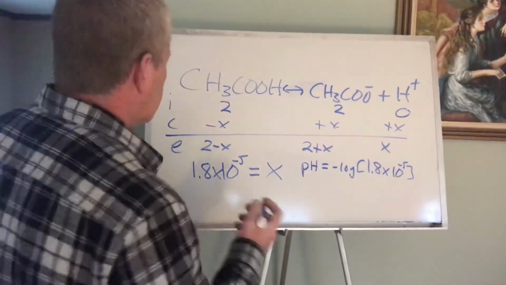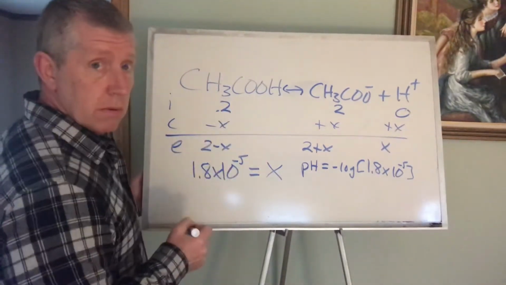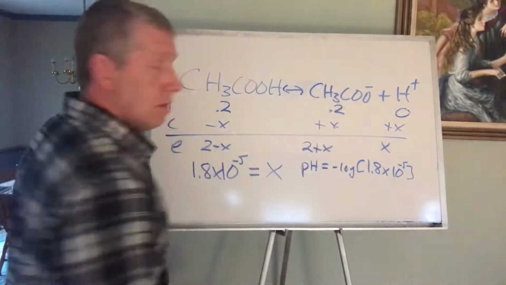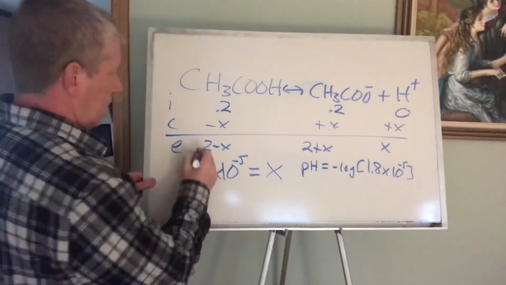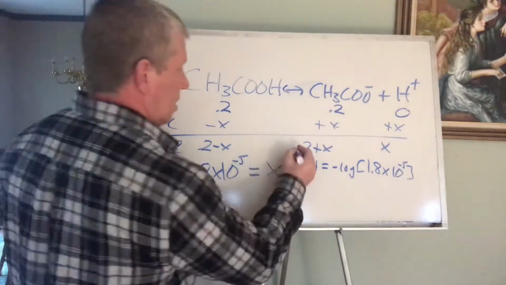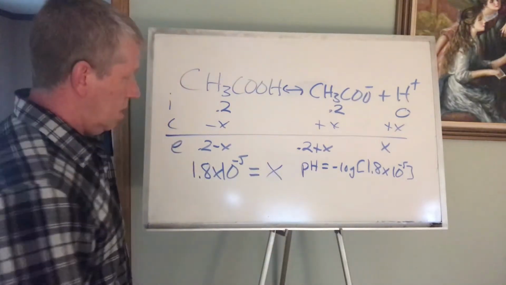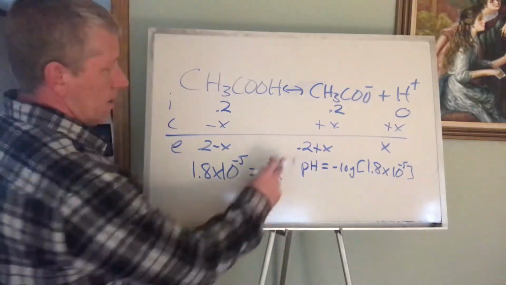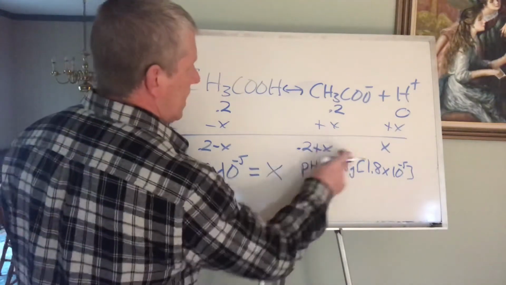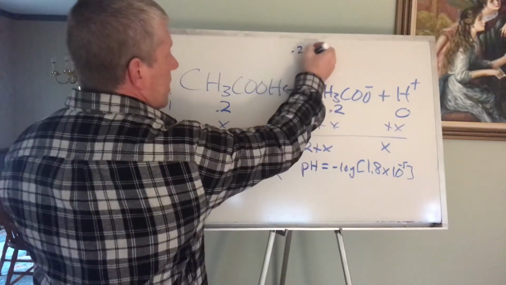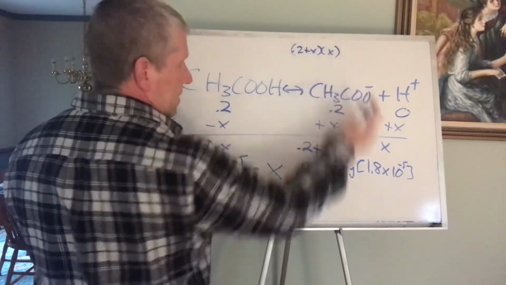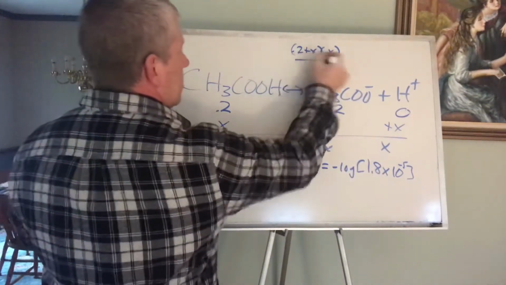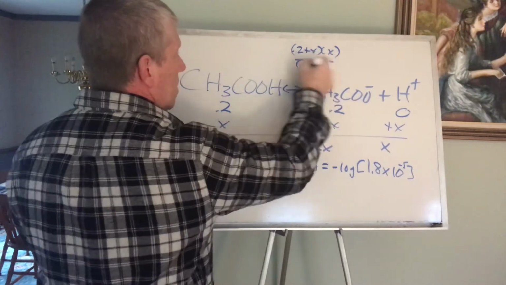Here's why. 0.2, 0.2, 0.2, 0.2. And if we go back into the math we just did, these are going to be on top. So 0.2 plus X times X over 0.2 minus X.